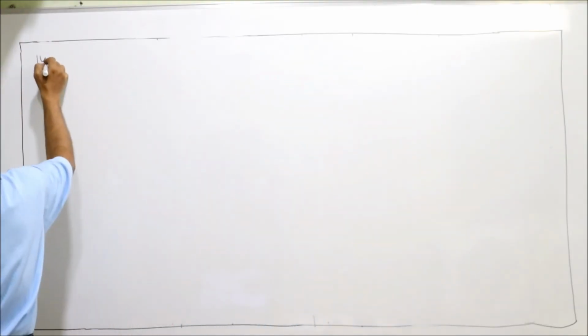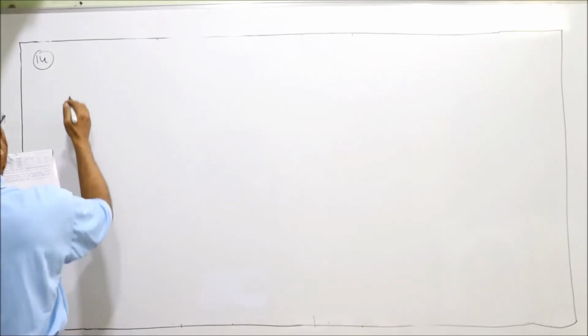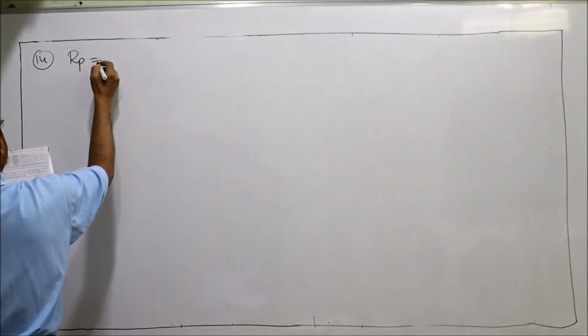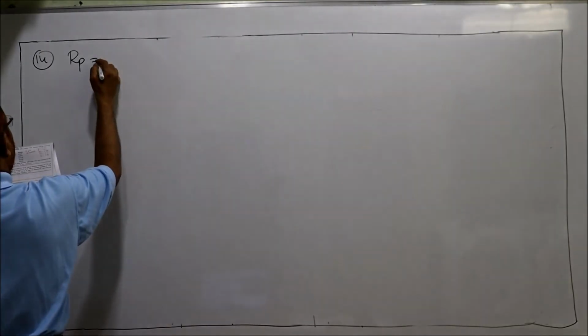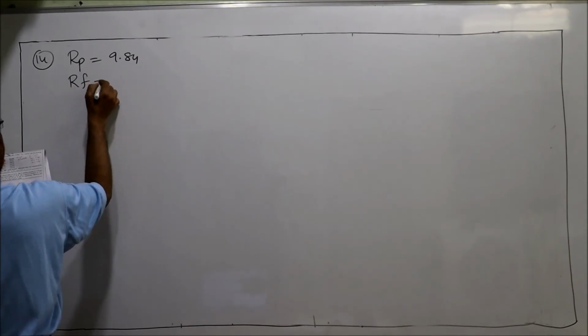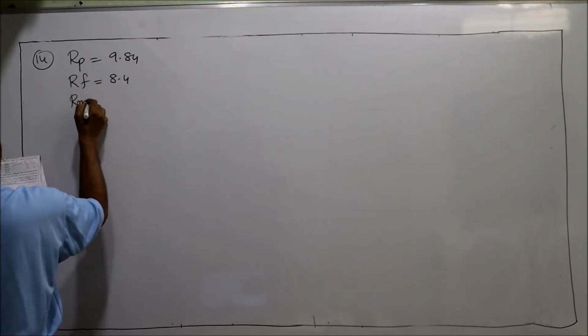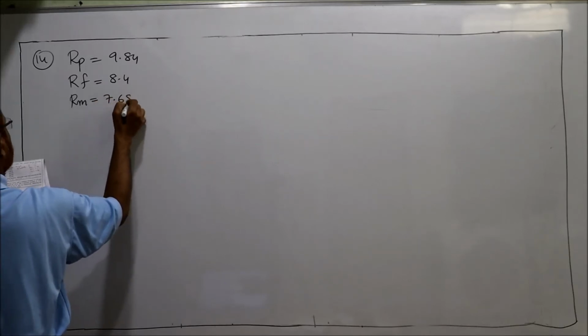14th problem. So in 14th problem, you will get RP, average return of the portfolio, 9.84. RF, 8.4. RM, 7.68.